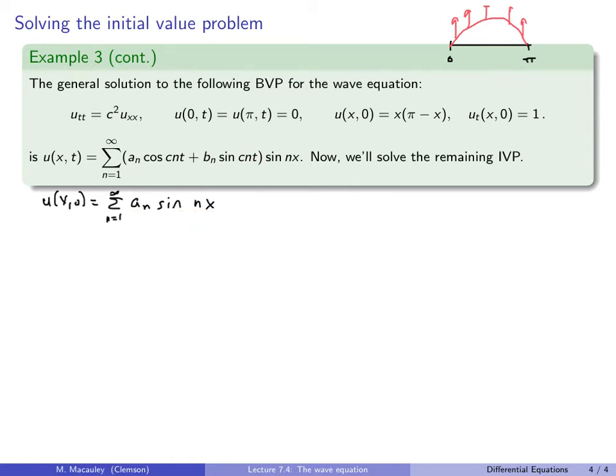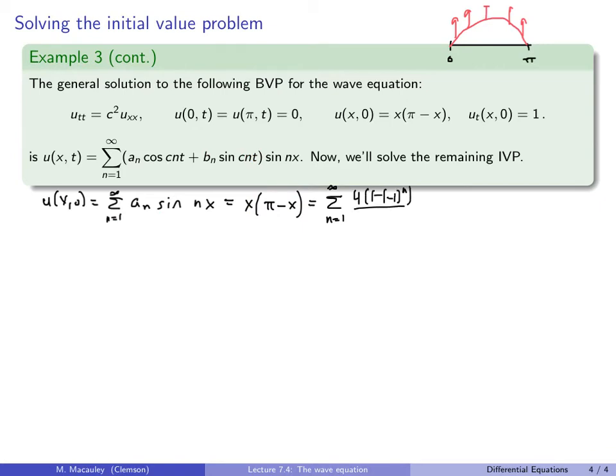Maybe more so for me than for you. So this is x times pi minus x. And remember what we had to do before? We have to write this function as a sum of sine waves, so we have to compute the Fourier sine series of this. If you recall from last time and from the section on Fourier cosine and sine series, I did this explicitly. That's this function.